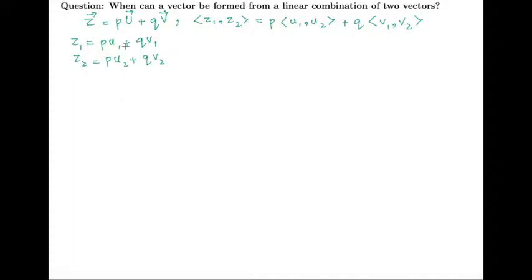So now we have to find the constants p and q for the values of u1, v1, u2, v2, given z1 and z2.